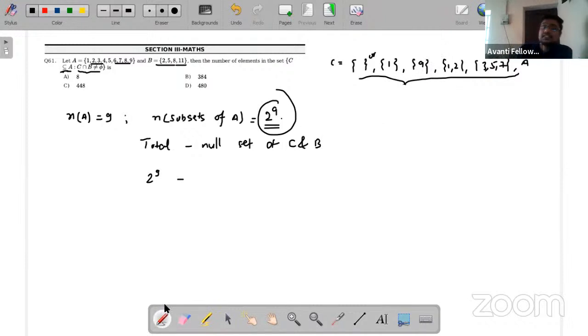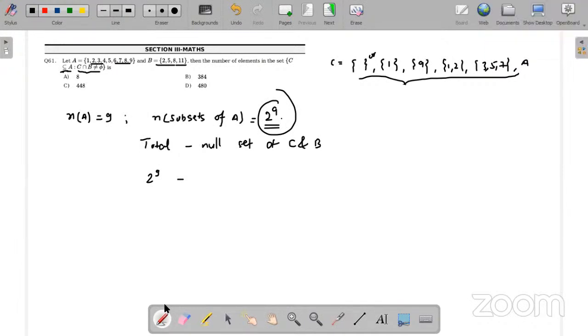In those examples, some sets would be like this, where C intersection B is not a null set.